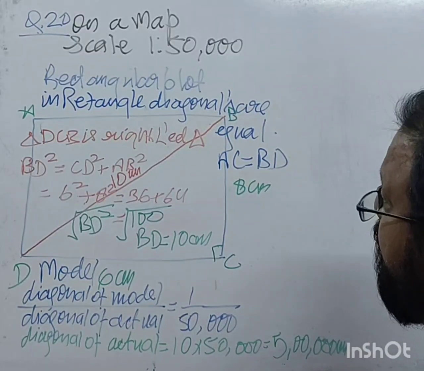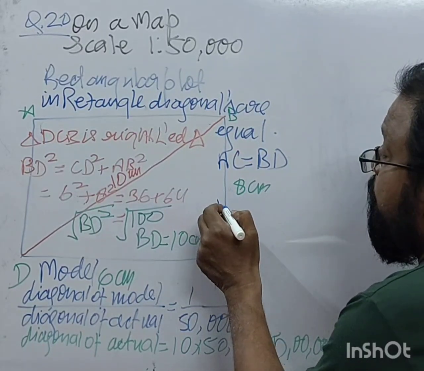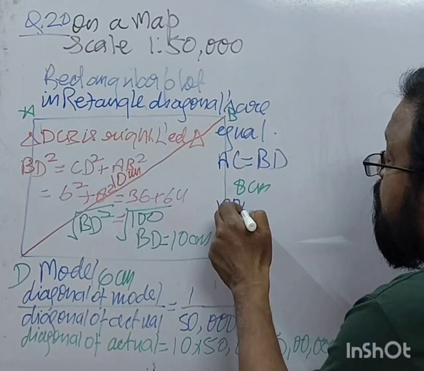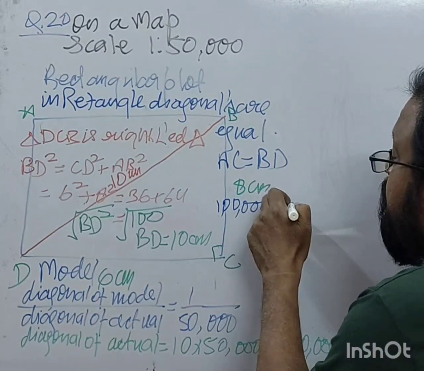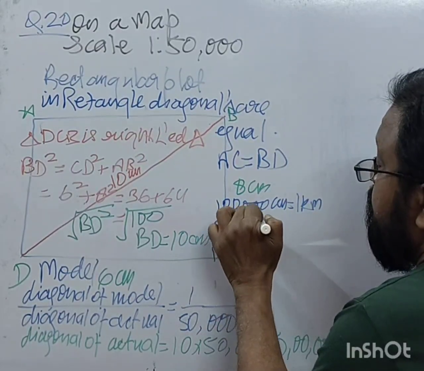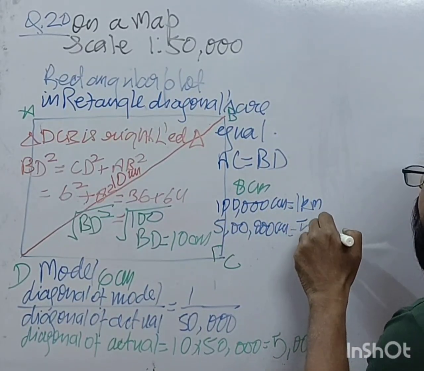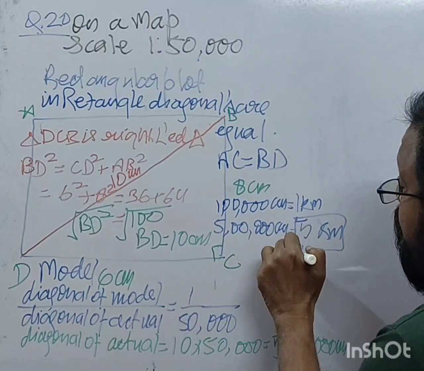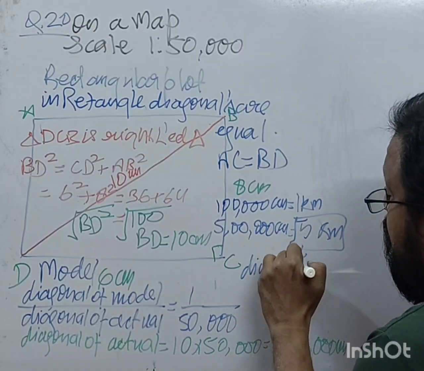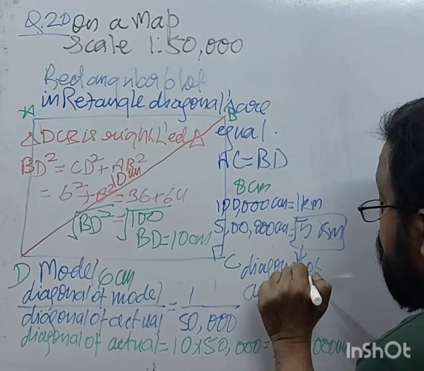As we know, 1 lakh centimeter is equal to 1 kilometer. So 5 lakh centimeter is equal to 5 kilometer. So diagonal of actual is 5 kilometer.